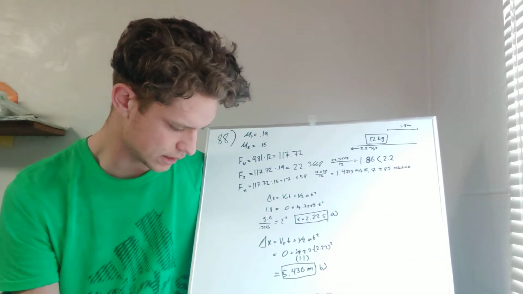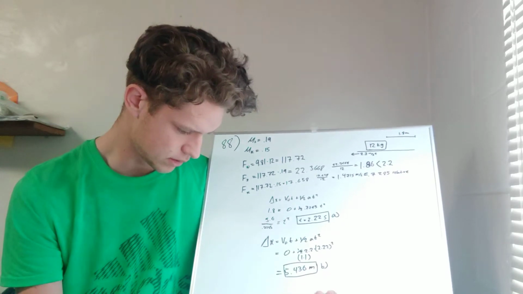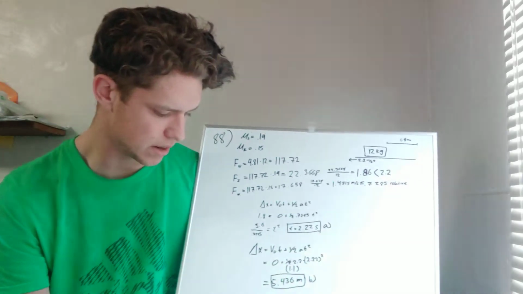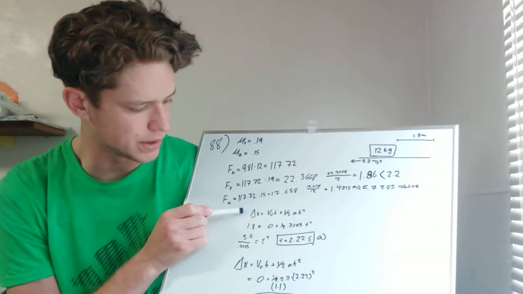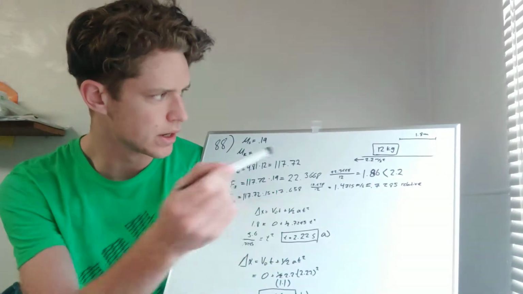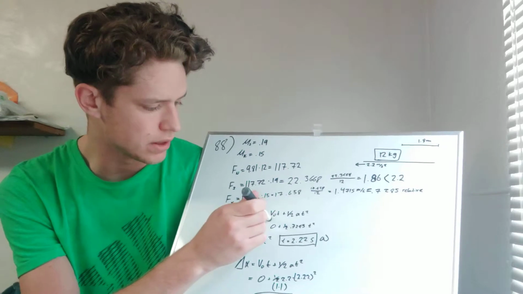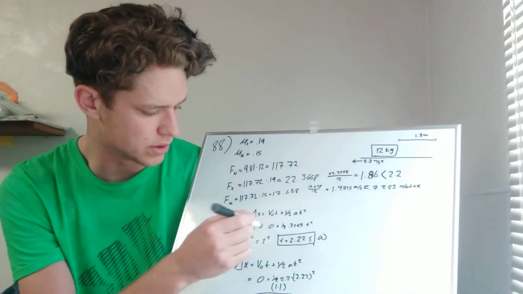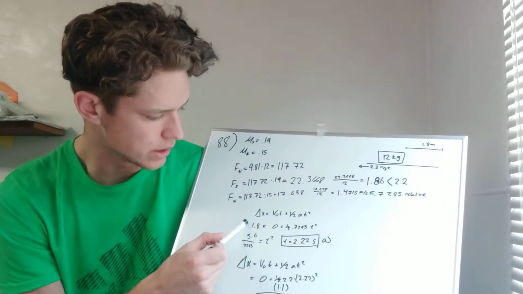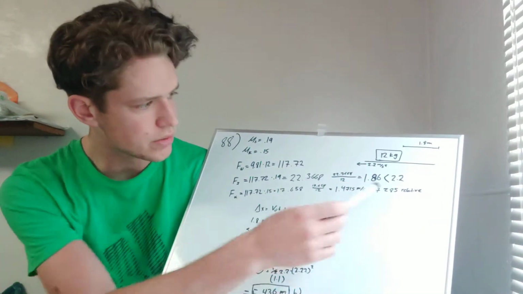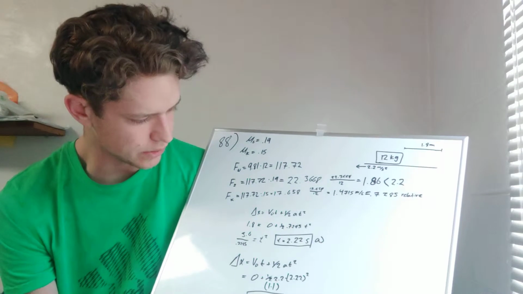So it doesn't give us a part A, it just asks us how much time elapsed before the box falls off the truck. So I use delta x equals v naught t plus 1/2 a t squared. In this, we know that v naught equals 0, so that part's 0. Delta x is the distance before it falls off, which is 1.8 meters. And then your acceleration, we just got that right here. That's the relative acceleration.